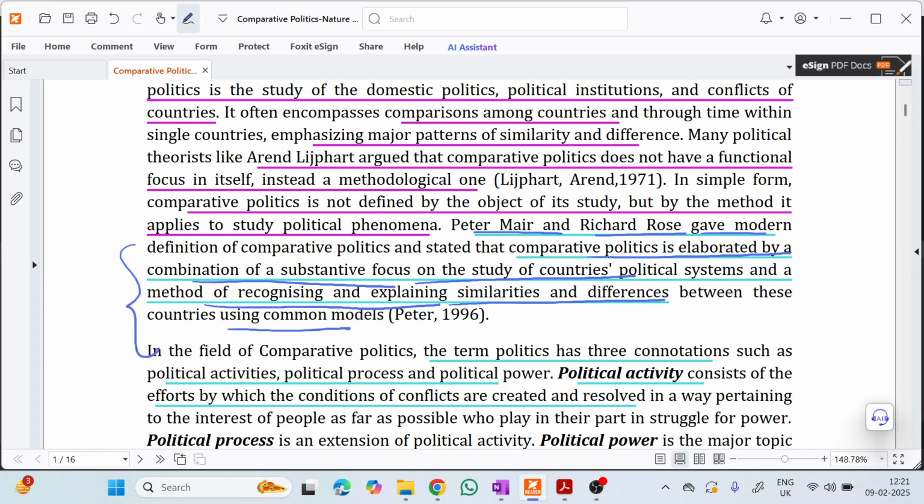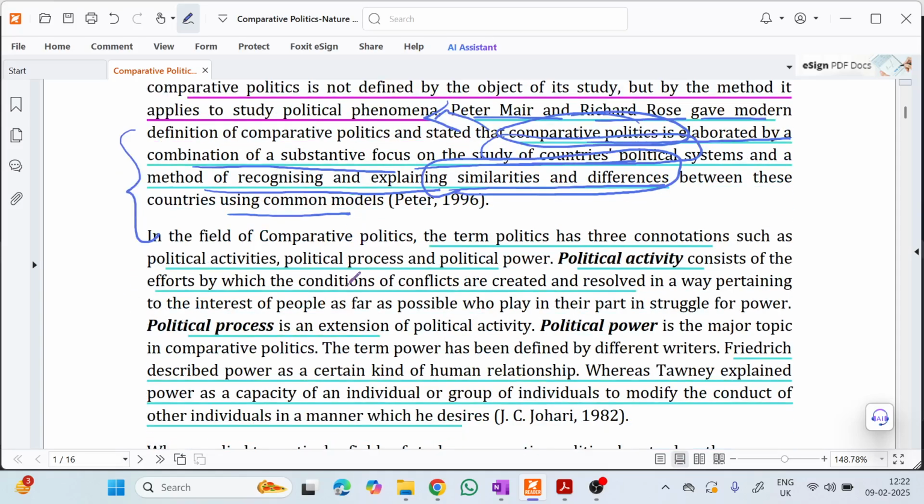Again, the definition, however elaborate, talks about the core and essential features: comparative politics is the study of political systems of different countries, and the aim of such a study is to know the similarities and differences and to arrive at patterns.